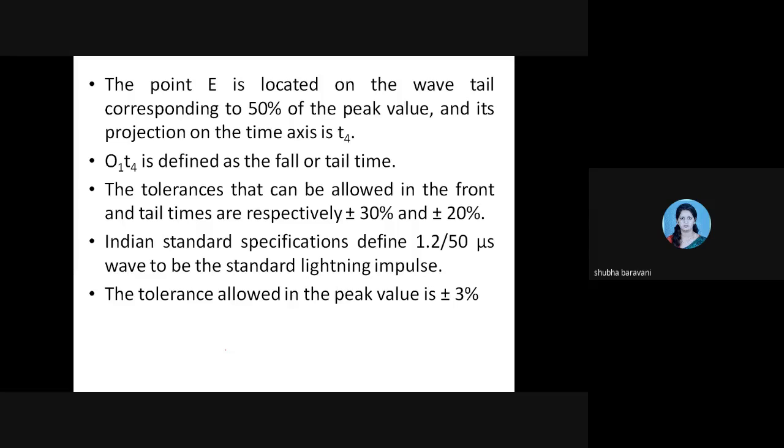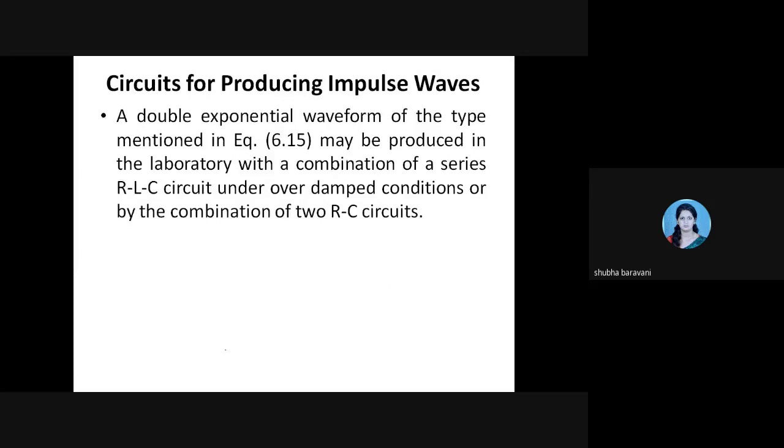To test these power cables in the labs, you need to subject them to such impulses, so there have to be circuits in the lab which can provide such impulse waves. Now we'll see which circuits produce the impulse waves.